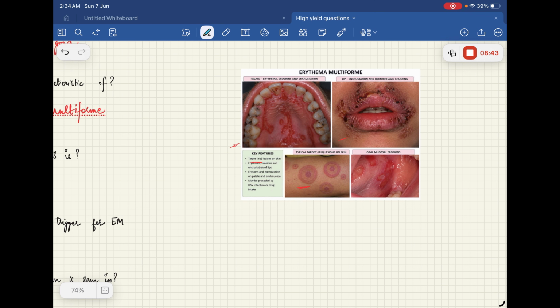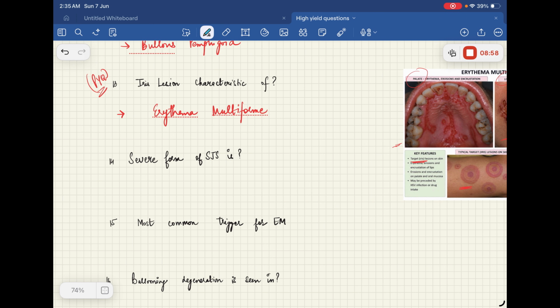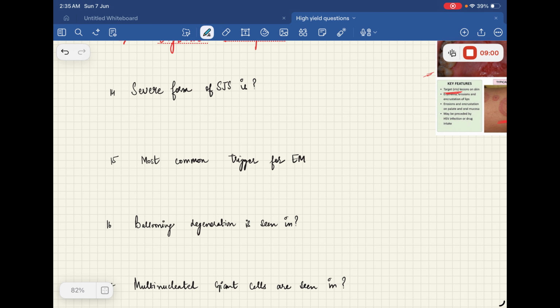See, these are the target iris lesions, and it can involve the palate and lip. Next, the severe form of Stevens-Johnson syndrome is toxic epidermal necrolysis.